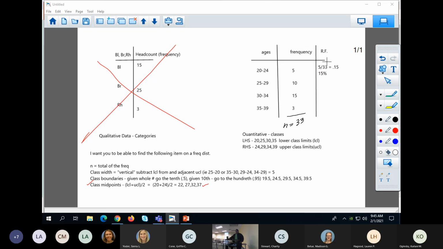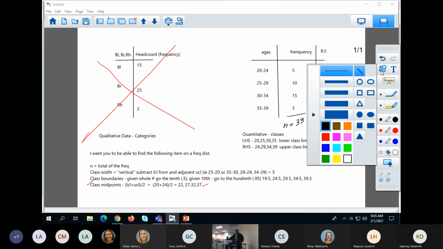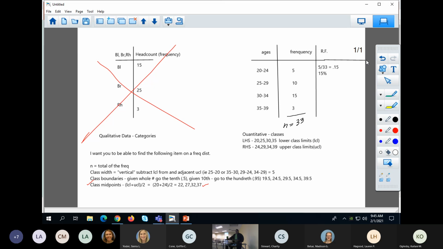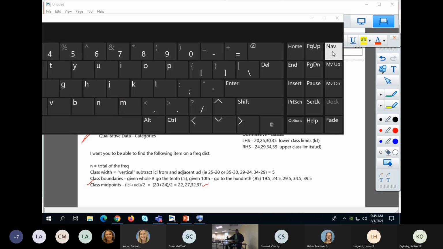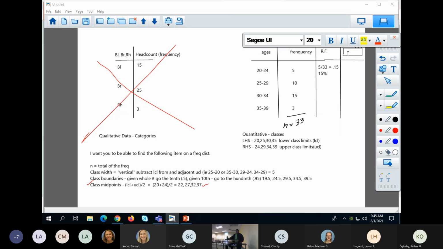Now, what about the last one, cumulative frequency? I'm going to do that one for you because it doesn't make any sense. So, hold on a second. And this will be called the cumulative frequency.